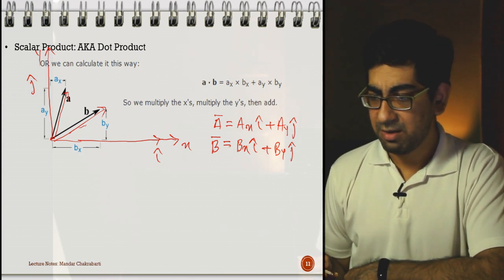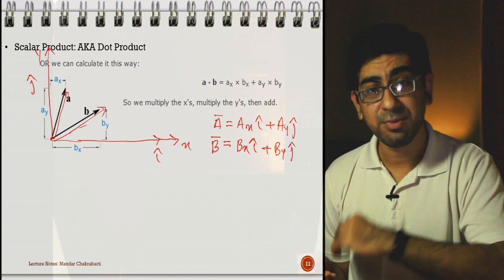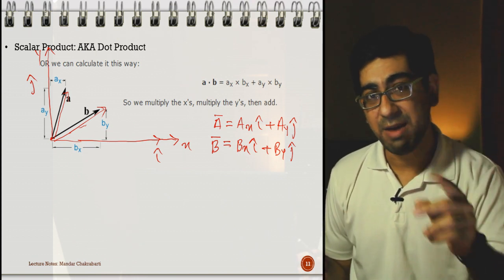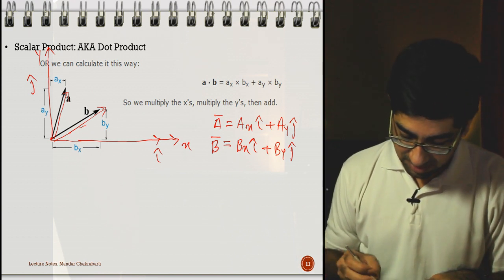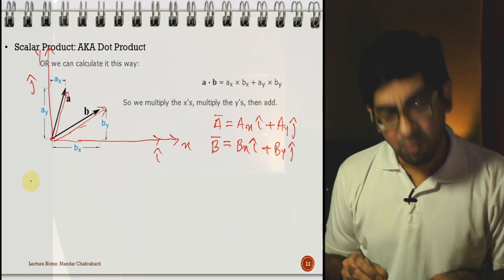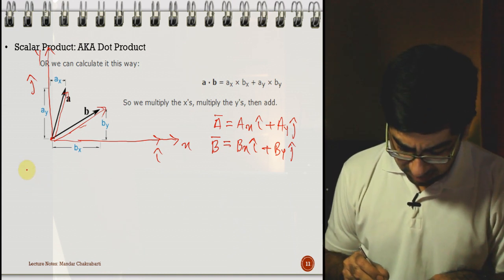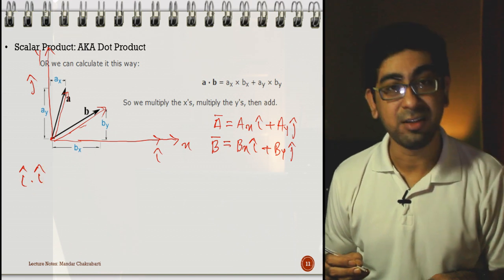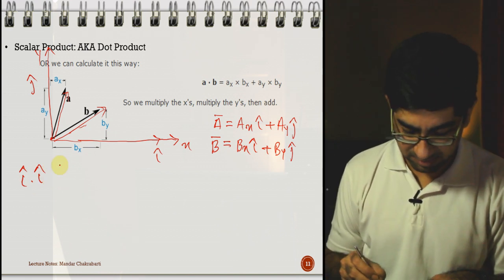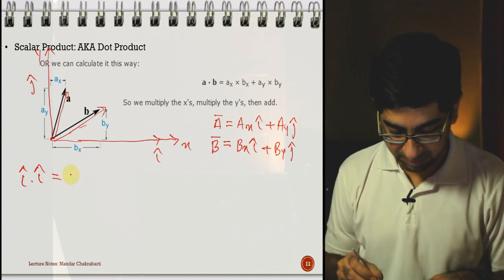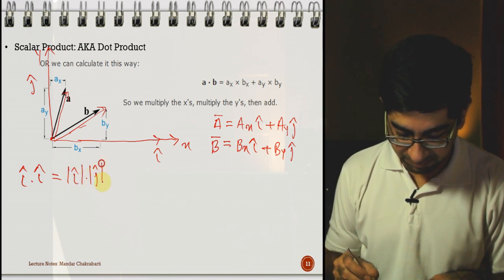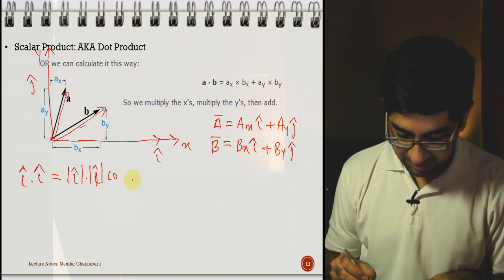Now, think back to the first method. What would be the result if I were to multiply i dot i? According to the first method, that would be the magnitude of i into the magnitude of i into cos theta.